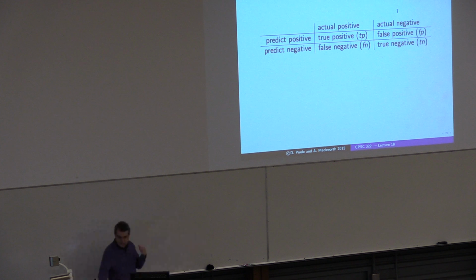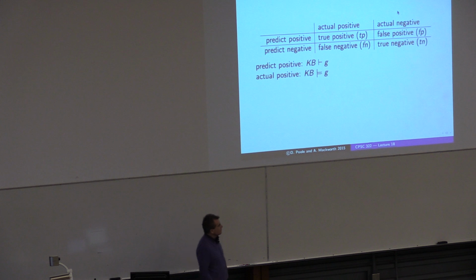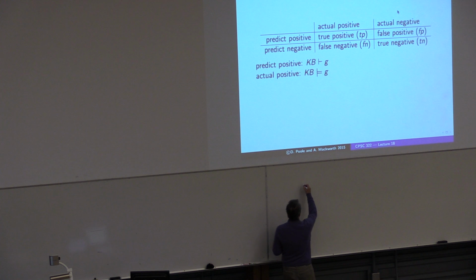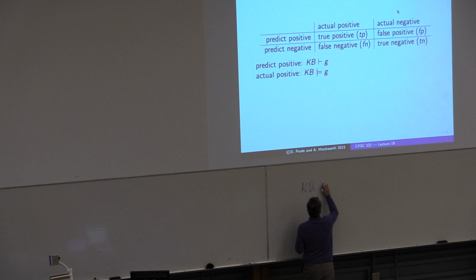So how does that convert to what we did here? Predicting is what we do with the proof procedure, and the actual positive is what logically follows. The truth, the real world, is what logically follows. This is our meaning, and our prediction is our proof. So we could predict positive, meaning the knowledge base proves G, or we could have that the knowledge base doesn't prove it.